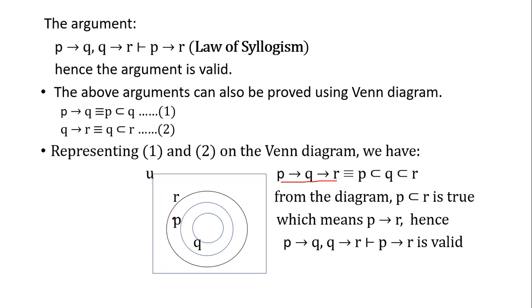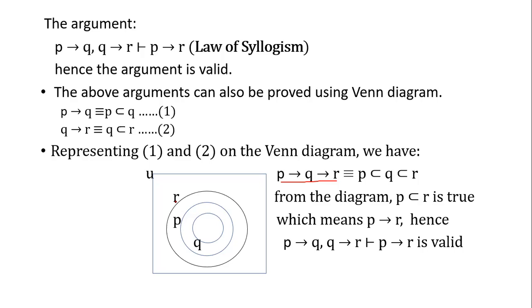As you can see, P is inside Q and Q is inside R, therefore P is also inside R. That's the meaning of P implies Q, Q implies R, hence P implies R. P implies R means P is a subset of R, so it is a valid deduction.